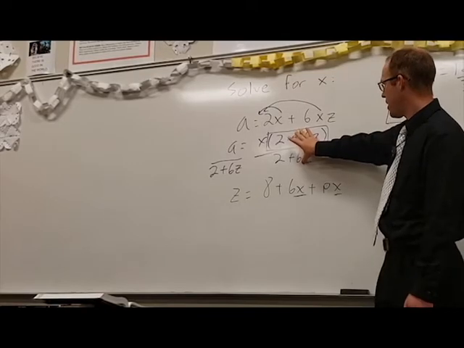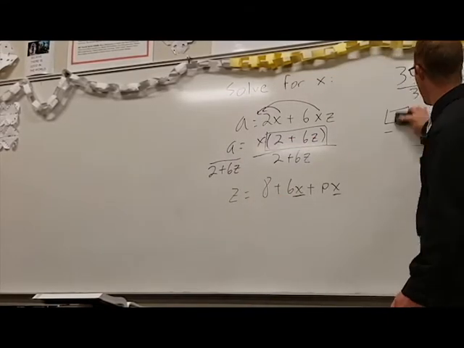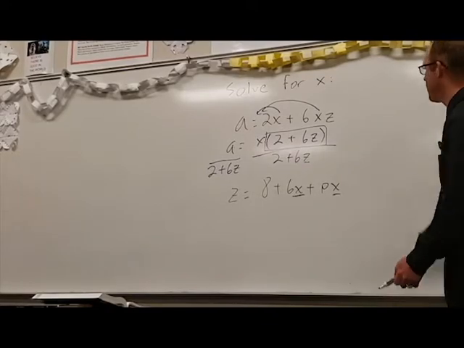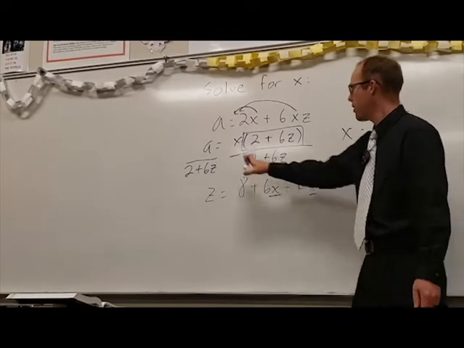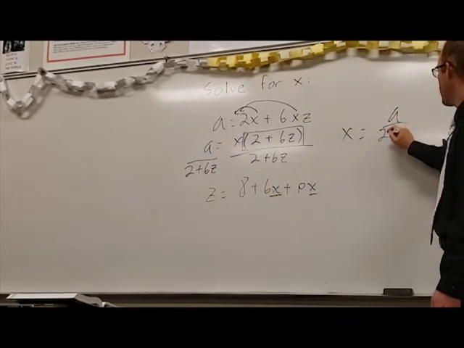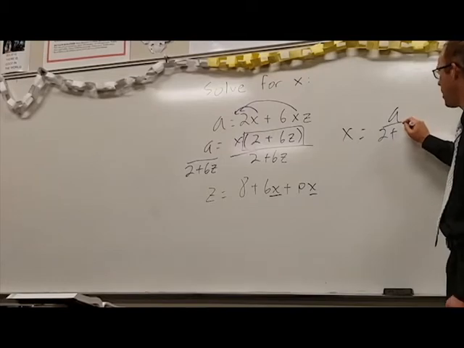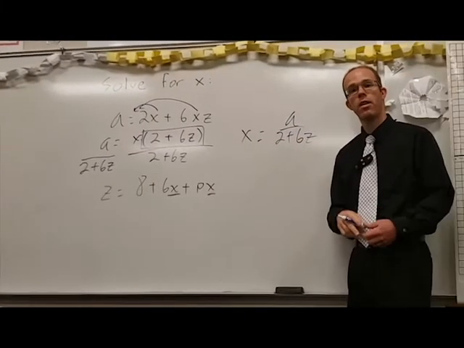Now this is eliminated because we've undone that multiplication and we're finished. So we end up with x equals, and then over here, I cannot simplify that, so I just leave it as a divided by 2 plus 6z, and we're finished. That's as far as I can go with that one.